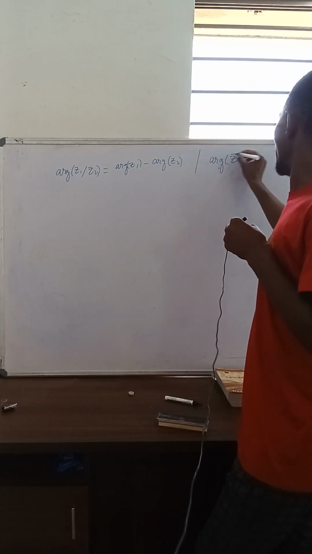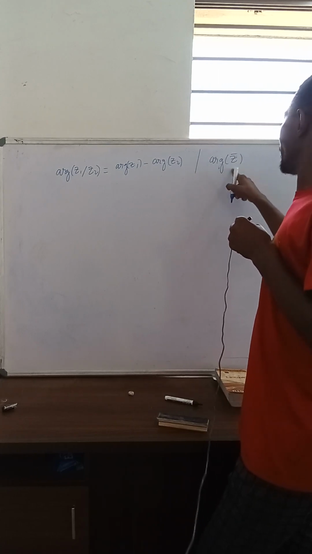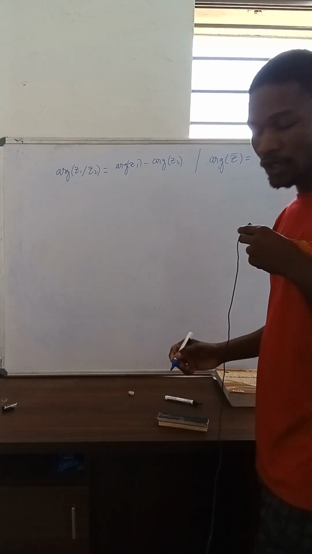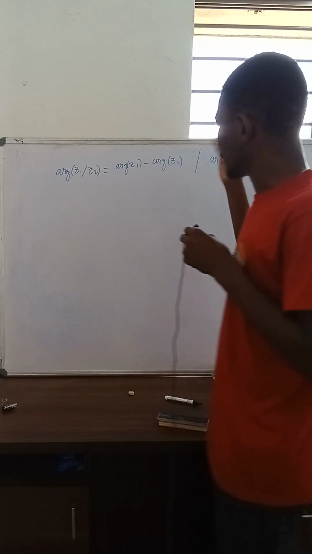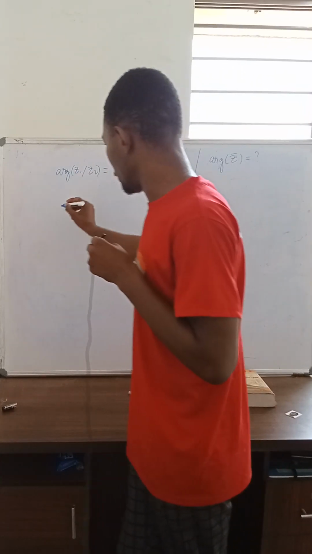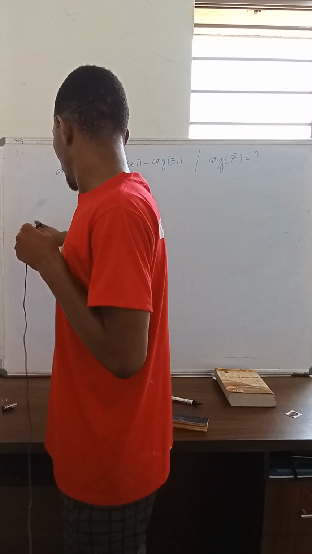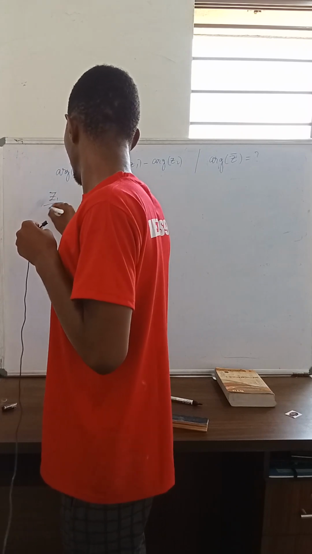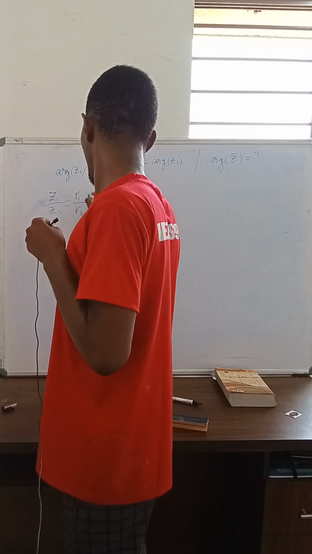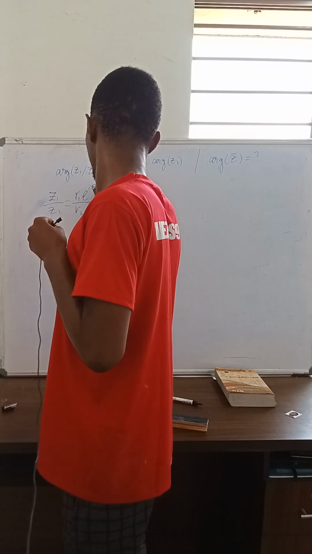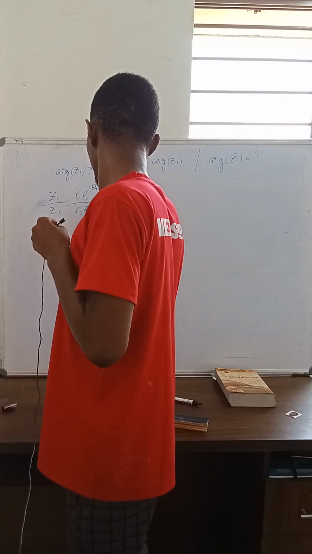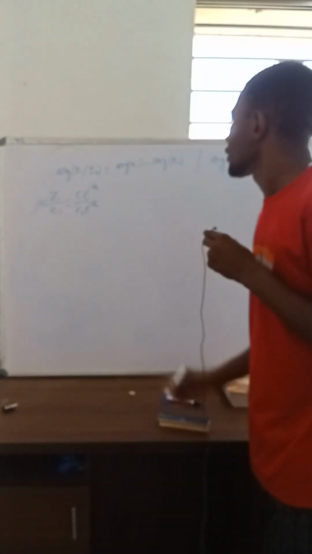The argument of the conjugate of z, what will this be? I will solve this afterwards. But first, the argument of z1 minus the argument of z2, how to prove it? We know that z1 upon z2 will be r1 Euler raised to i theta 1 over r2 Euler raised to i theta 2.